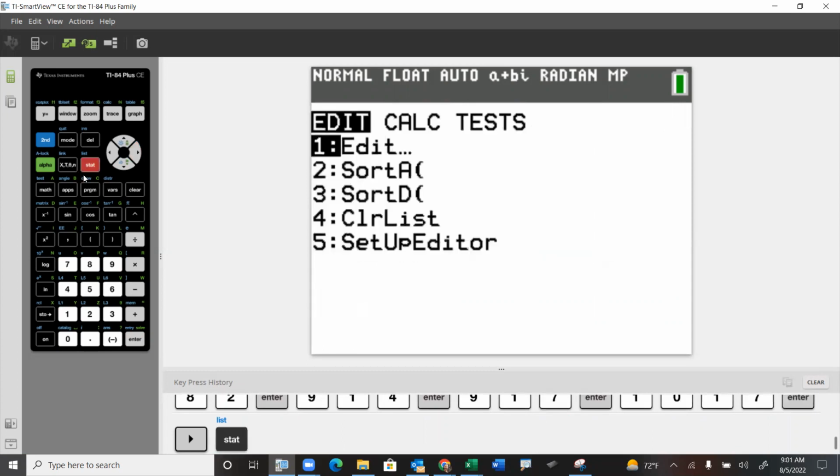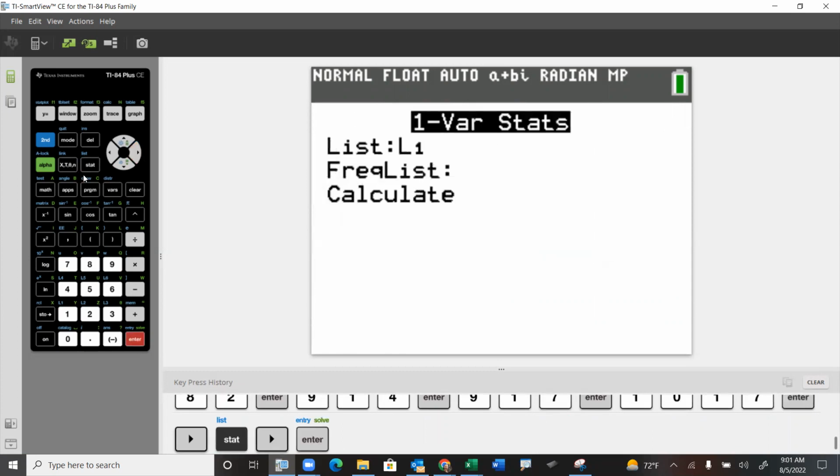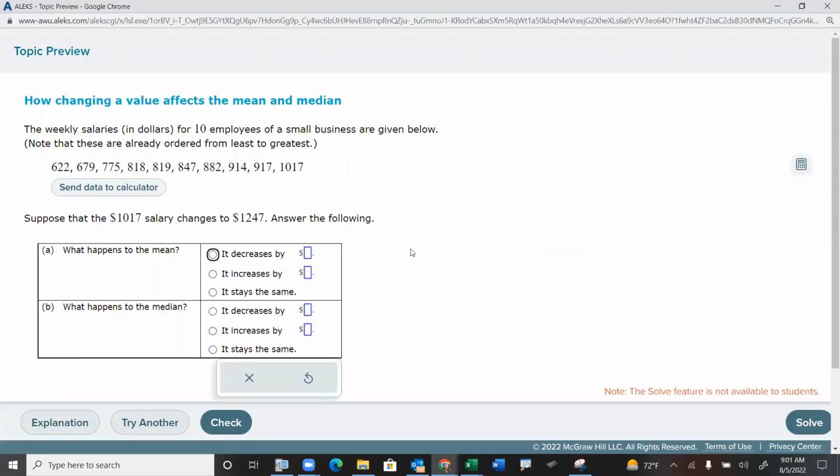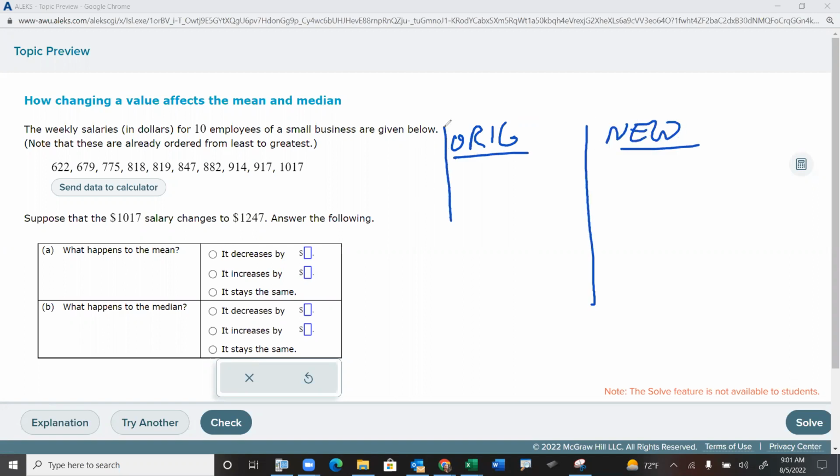All right, so now I'm going to go stat, right, enter. Okay, so for the original data set, the mean is 829 bucks. And let's see, what would be the median?